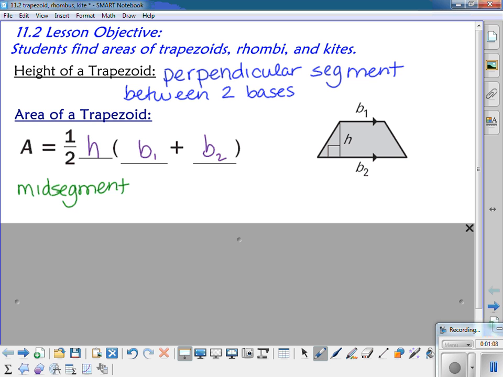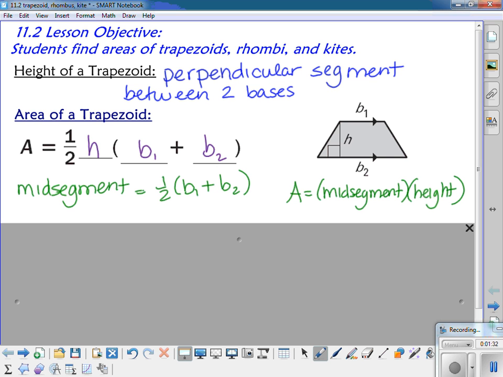The midsegment was equal to half of base 1 plus base 2. So another way that you can find the area is to do the midsegment times the height. In essence, what you're doing is you're averaging your bases, and then you're just multiplying it times the height.